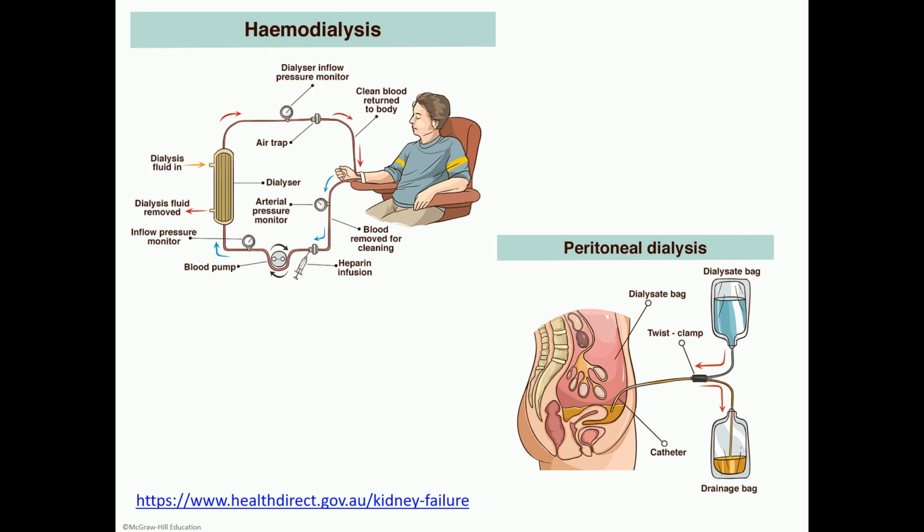Again, this does have its own cons, in that some patients do not want to move around with a dialysis bag or a drainage bag hooked up to them. So these are different options for different patients. Not everything would work for everybody.